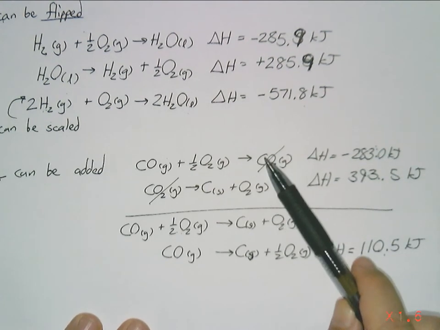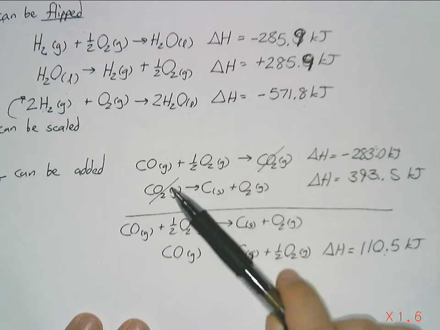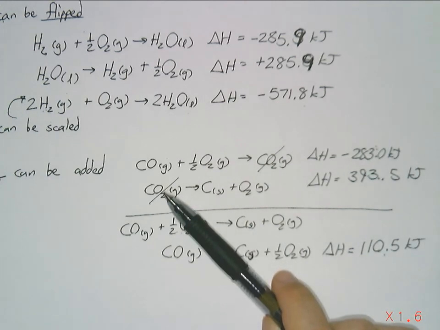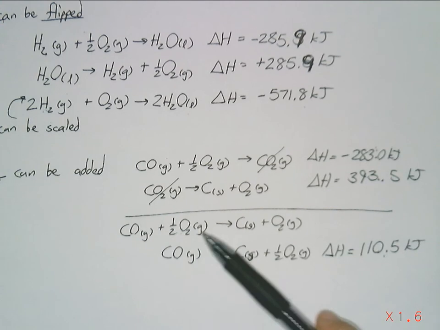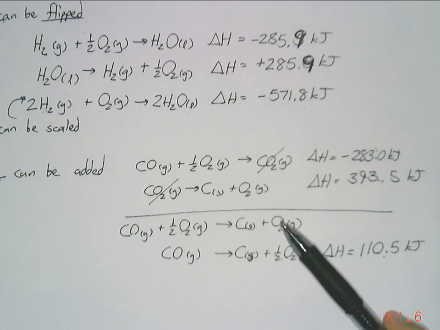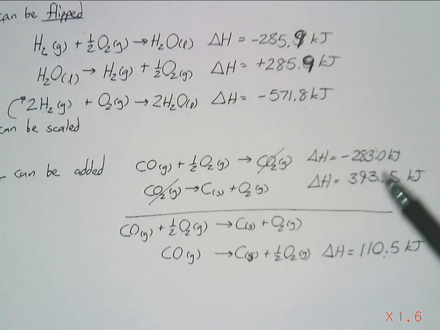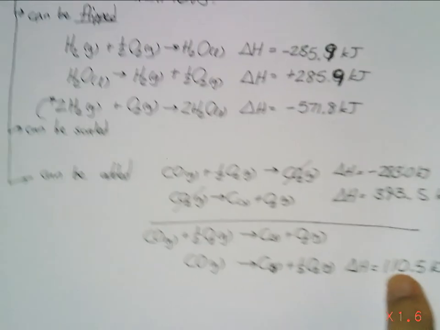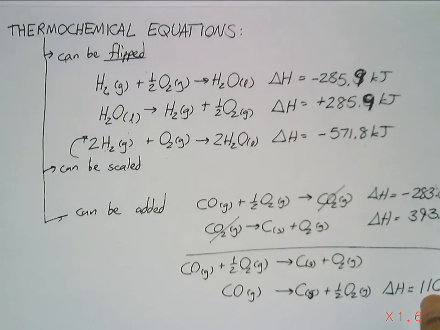Things that are on the right side of one will cancel out with things that are the same on the left side of another. And then you write down just all of the things that haven't canceled. And when you add thermochemical equations, you're also going to add their delta H's to get the final delta H.